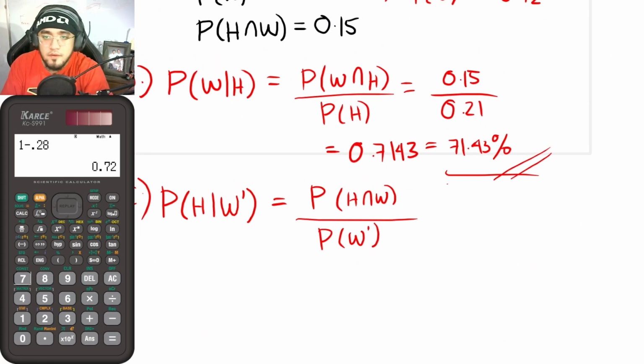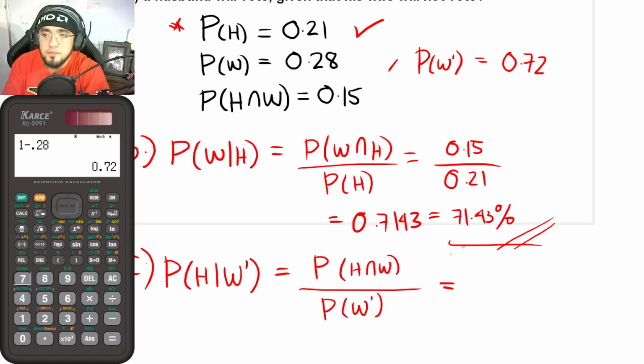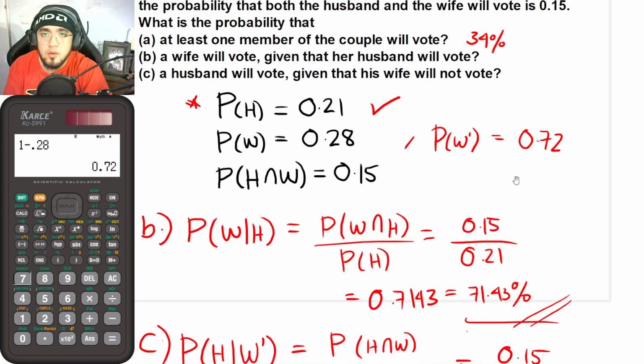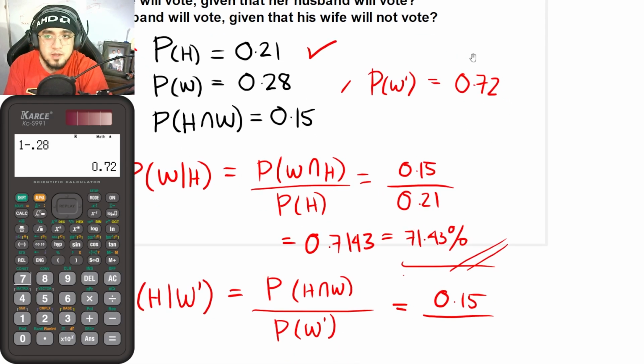Substituting known values here, what is the probability of husband and wife? That is 0.15. We would now be dividing this by the complement of the wife signing. The condition here is that the wife will not vote or will not sign, so our sample space is 0.72.